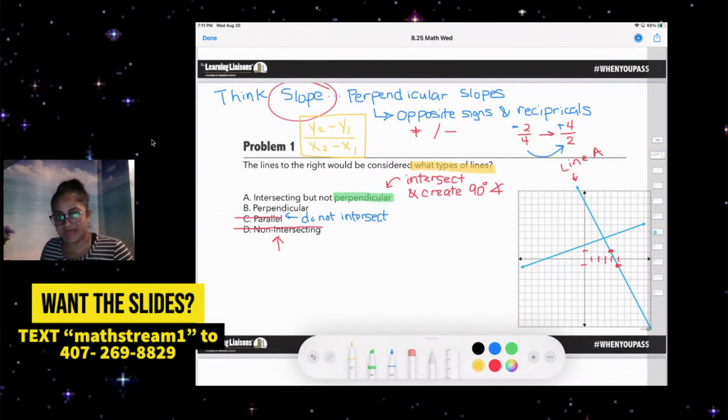So if we have that, we're going to use it twice because we have 2 lines, and we're going to figure out what we're doing. These y2s and x2s and y1s and x1s tells us that we have 2 points. So if we use line A, let's start with line A.